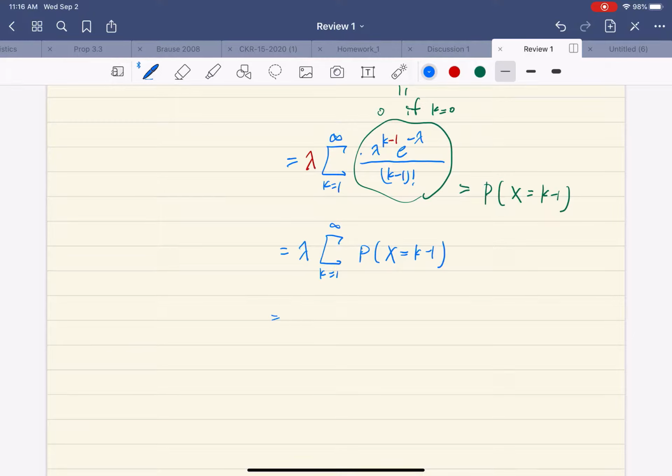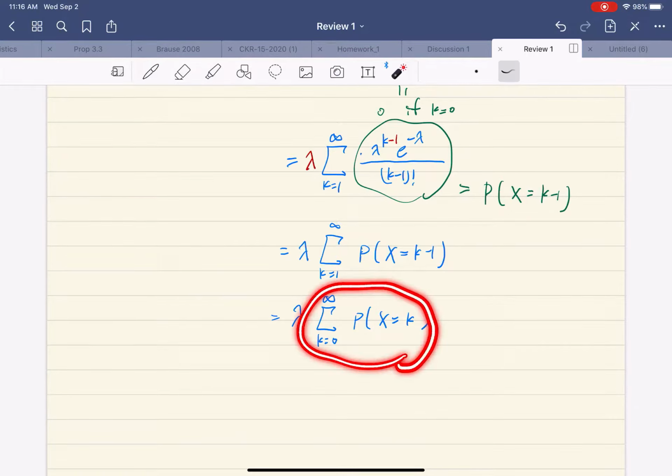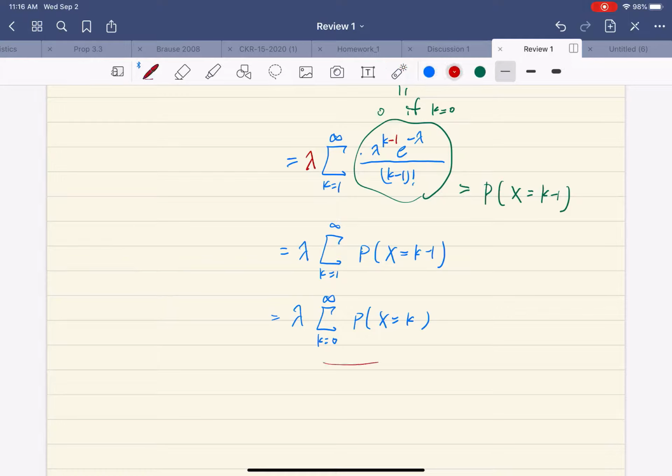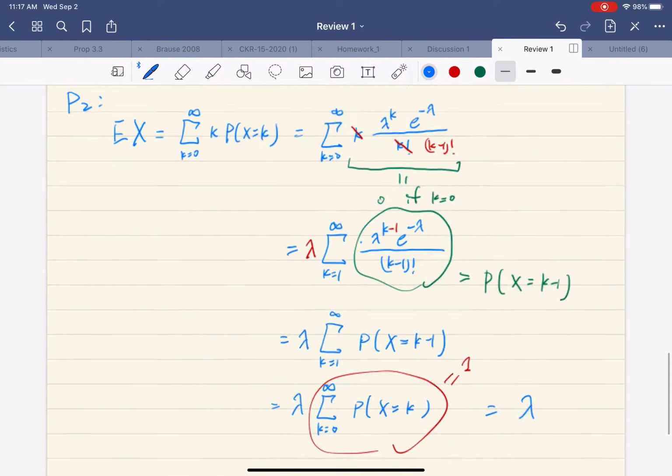And this is equal to the summation over k from 0 to infinity. Okay, this term is equal to 1. That is because the sum of the PMF is 1. So the average is lambda.